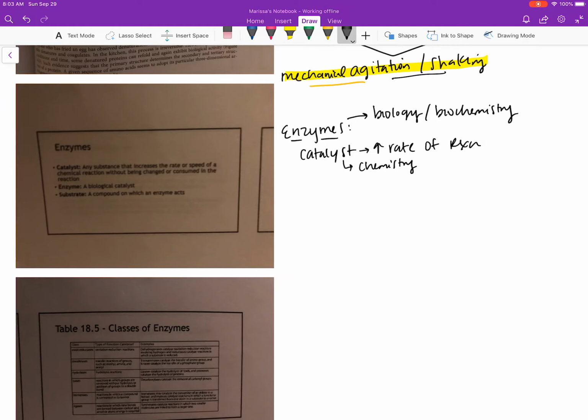Now, the other rule about a catalyst and an enzyme is that they are not changed. So they remain unchanged by the reaction, which really says they are not consumed by the reaction. Meaning that theoretically, we could extract our catalyst or our enzyme and use it again.